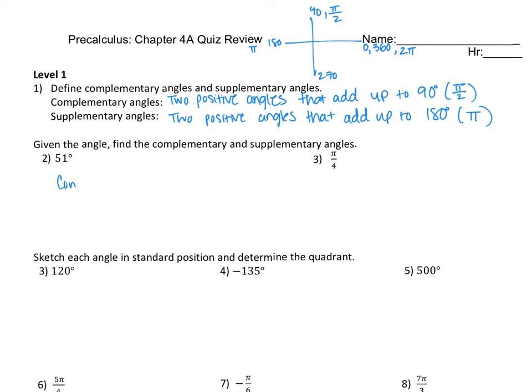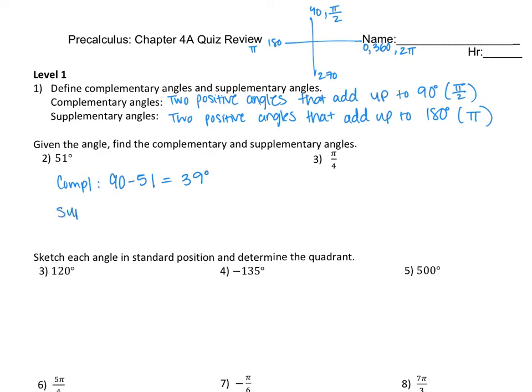When finding complementary angles, if I know they both sum up to be 90 degrees and I'm already given an angle, the other angle is just going to be the difference. So to find the complementary angle, I take 90 and subtract 51, which gives me 39 degrees.